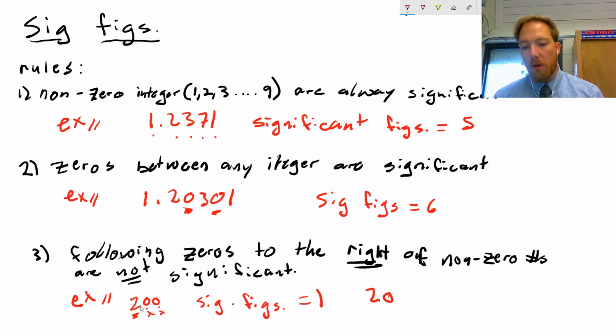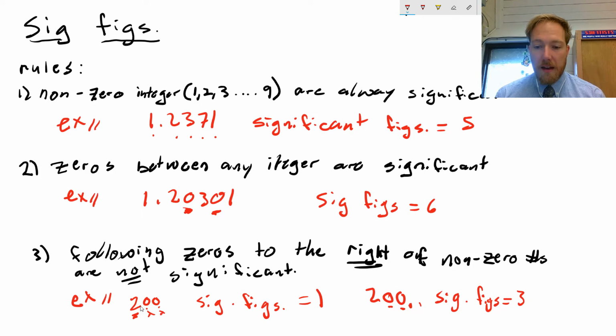Now, there is a bit of an exception. Say I had 200 with the decimal place there. This decimal place makes it so that both of these zeros are significant because the decimal is showing precision. So in this case, sigfigs equal 3 because of that decimal place. Right there, that's really important.